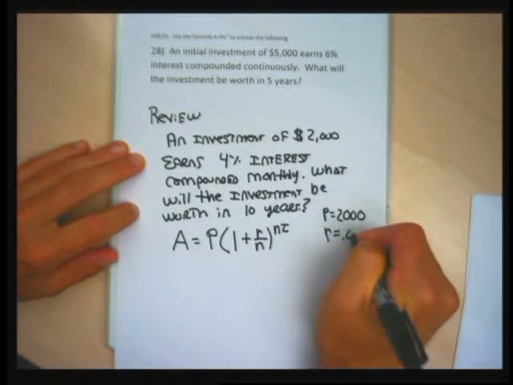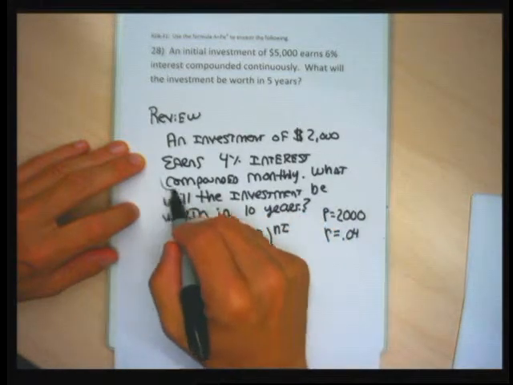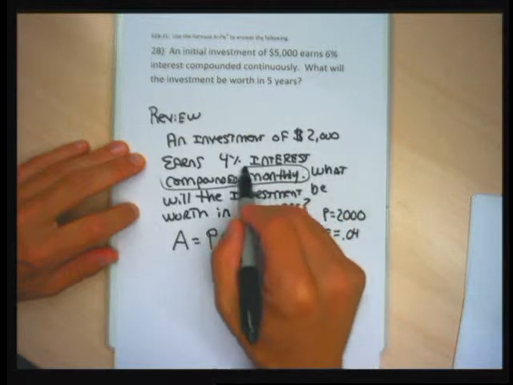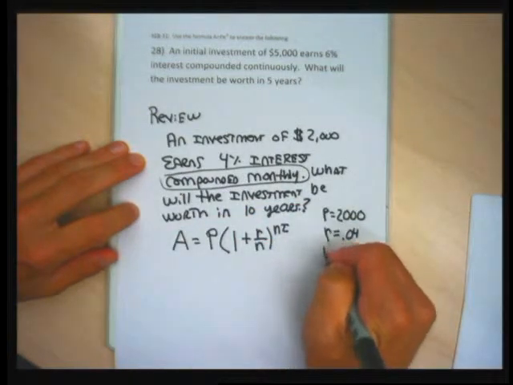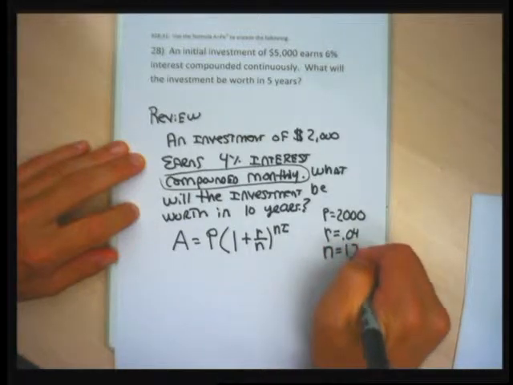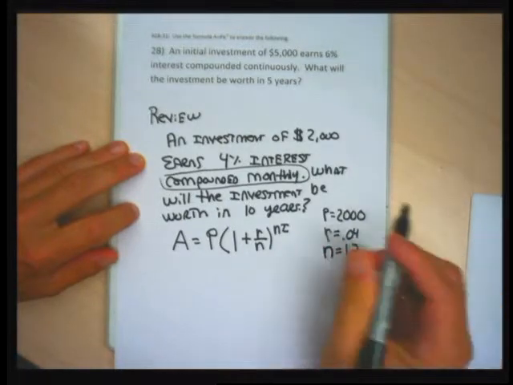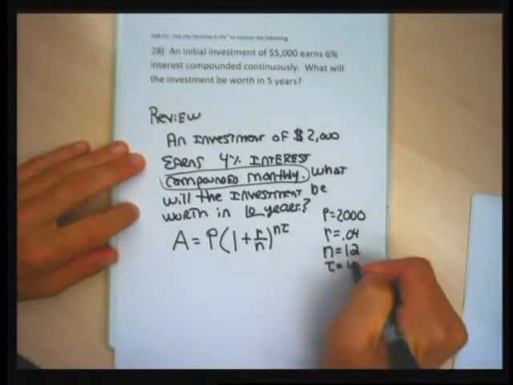In this case, it's going to be 0.04. The N was always clued into by the word after monthly, and the N is the number of times you get interest each year. Since interest is being paid monthly, the N is going to be 12 because there's 12 months in the year. And the T was the number of years. In this case, it's going to be 10.